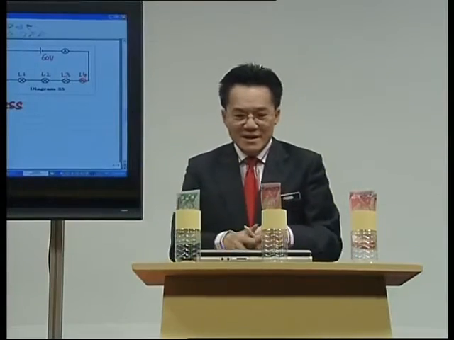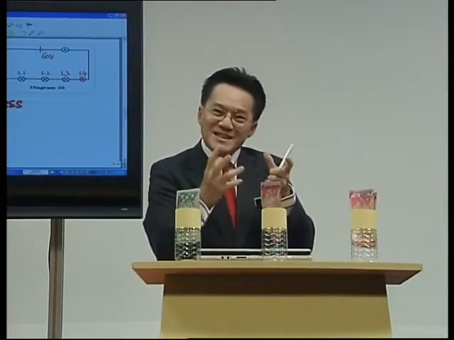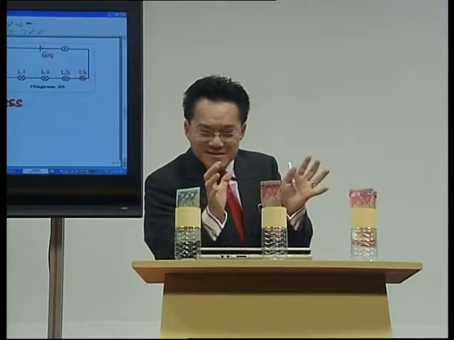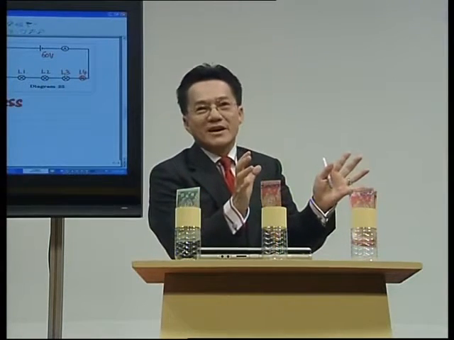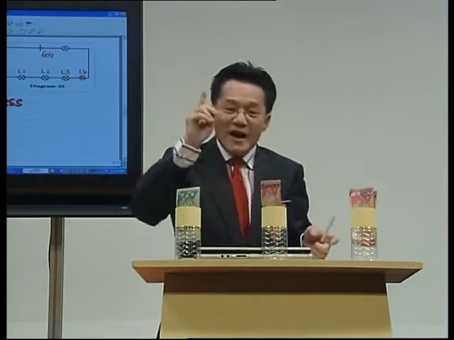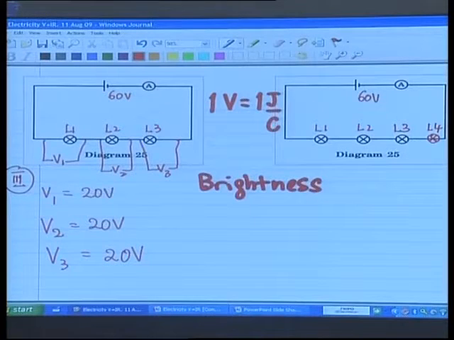Each of the light bulbs has this much energy. I always do this in class. 20 joules of energy for every 1 coulomb. So 20 volts.